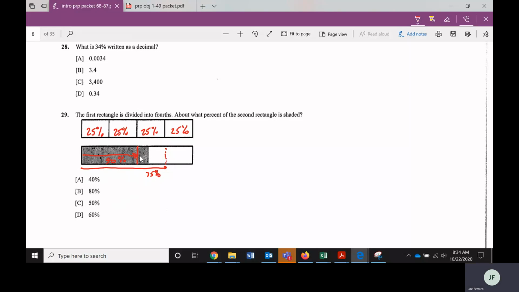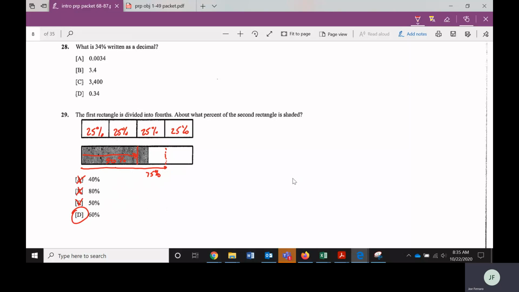We have to look for something between 50 and 75, and it looks a little closer to 50. 40 is less than 50, that's not it. 80 is over 75, so that's not it. 50 would be right on this line, so that's not it. And then 60 is between 50 and 75, and it looks to be a little closer to 50. That would be the correct answer.